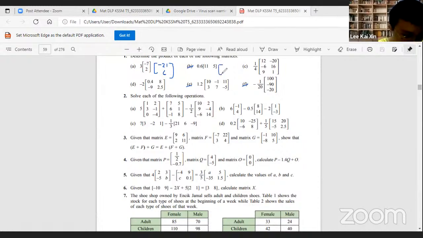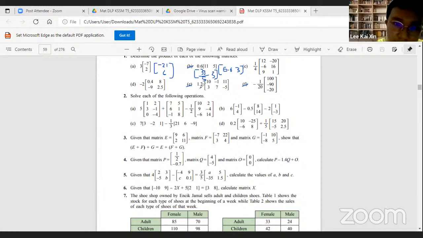You can put 6.6, and this one is 3, or you can put it as 3/5. And then here is 3. Either one of it should be fine.